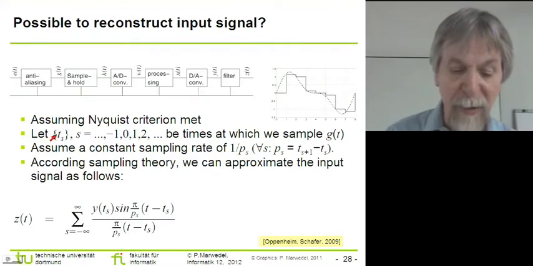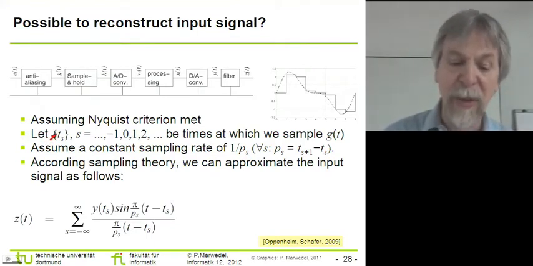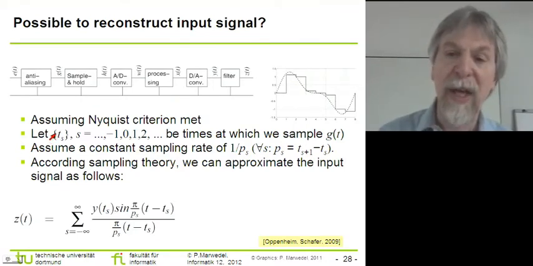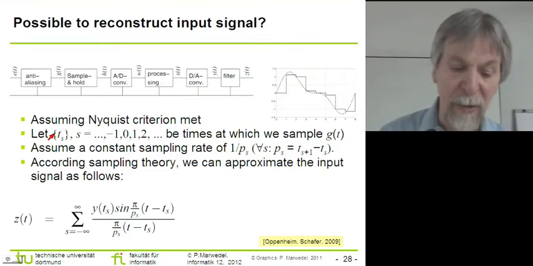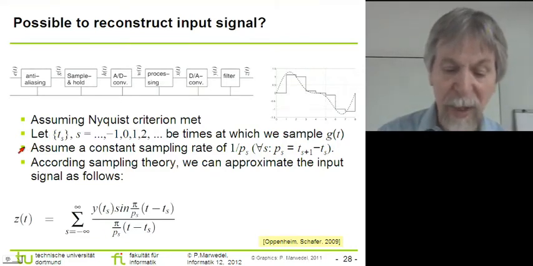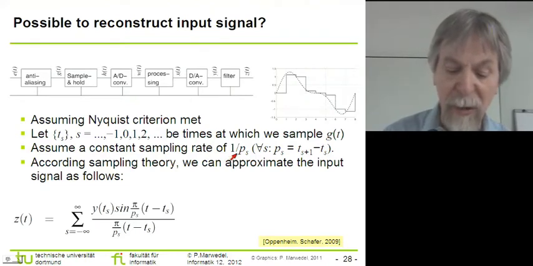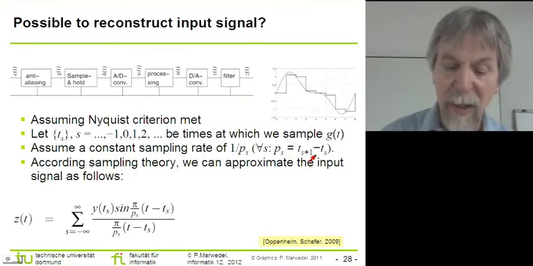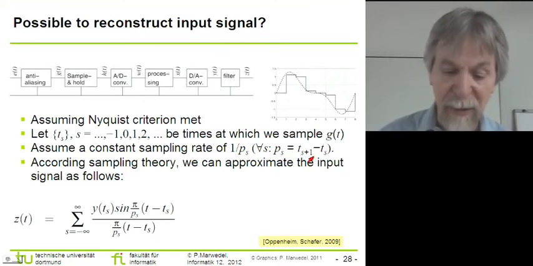These instances of time are denoted by TS, and between these instances there is a certain interval that corresponds to the sampling rate. So we assume that we have a constant sampling rate of 1 over TS, and this is then actually the inverse of the difference between any two of these sampling instances.